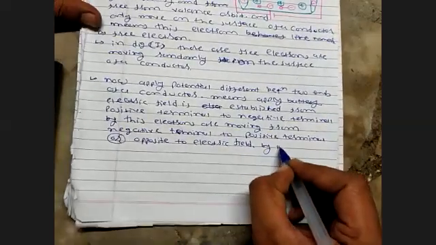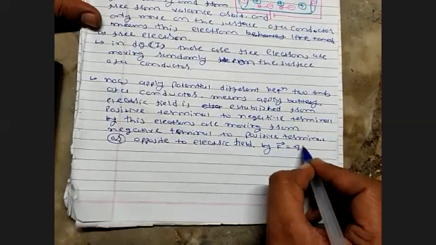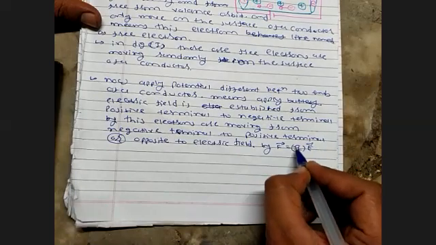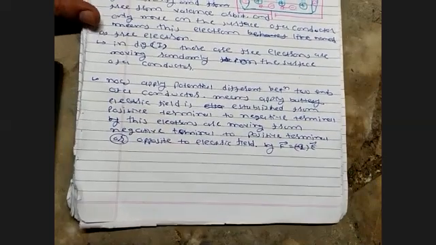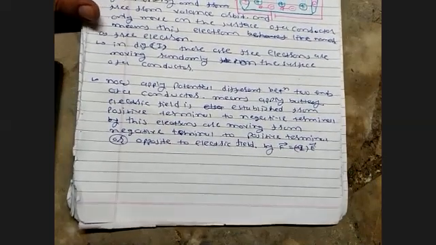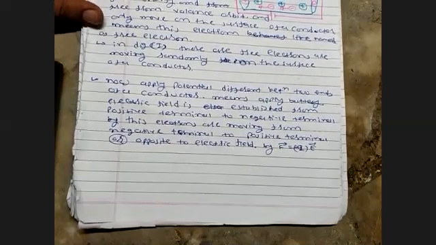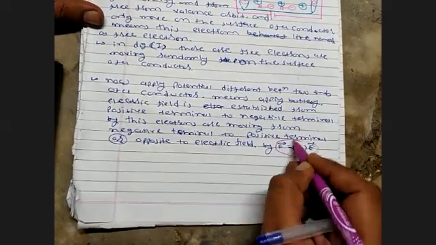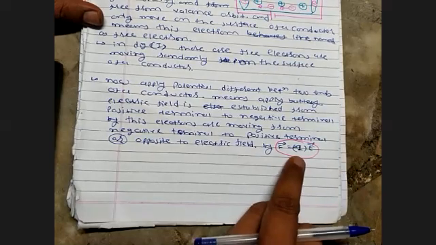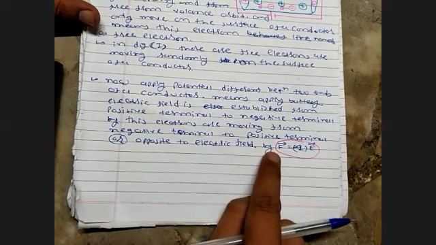By the equation, force F is equal to minus QE. Every electron experiences this kind of force. This is the main equation: F equals minus QE, with the electric field direction and the force direction.